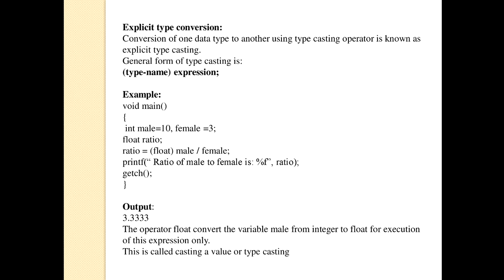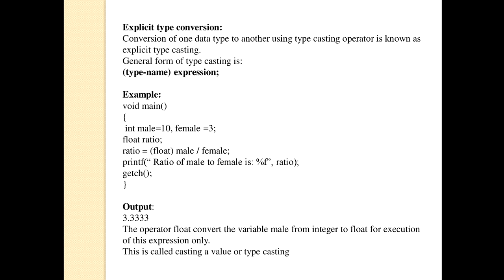With this example, you will understand the concept of explicit type conversion. Here I have taken two variables of type integer, male and female, and the value 10 is assigned to the variable male and 3 is assigned to the variable female. After that, I want to find out the ratio of male to female.